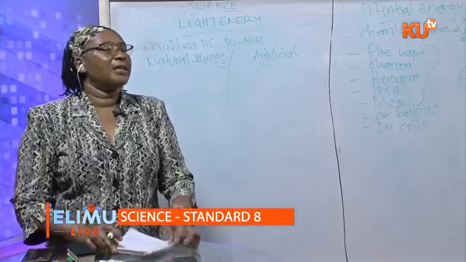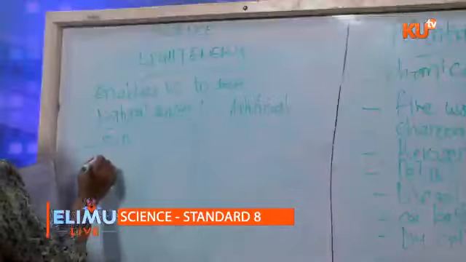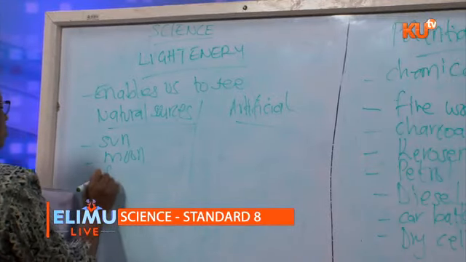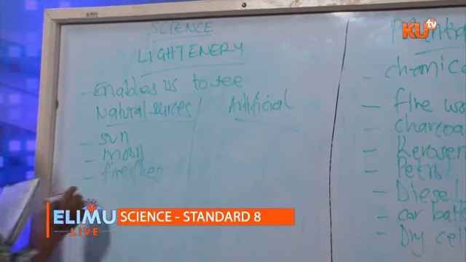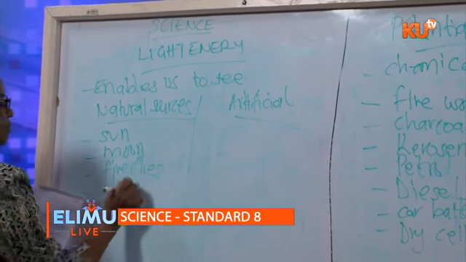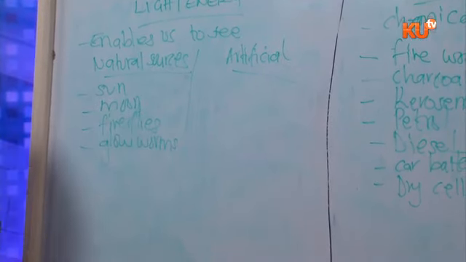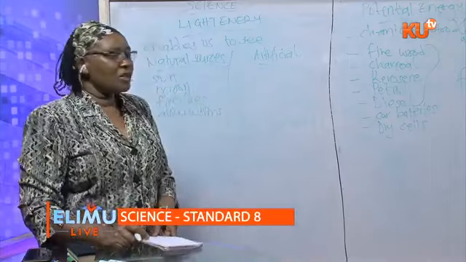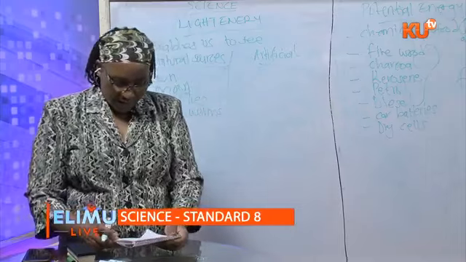We have even animals that produce light, like the fireflies. And the glowworms. These are insects that give us light. Maybe you have seen them at night, moving around, glowing, giving us some light. So these are natural sources of light.